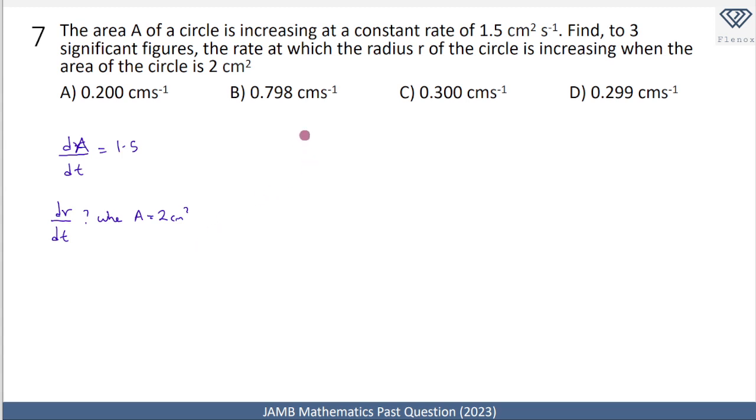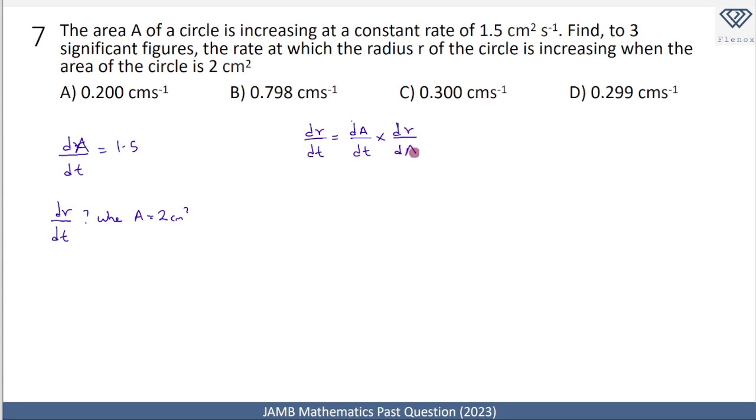Now if you look at this carefully, dr over dt can be written as dA over dt times dr over dA.